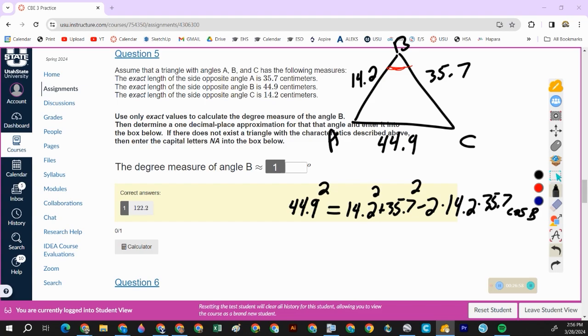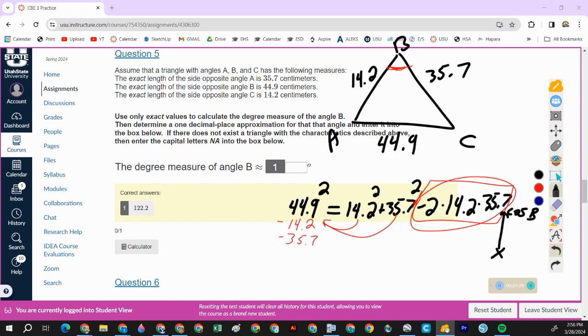Now, we need to solve for all of this. So I'm going to move this over using subtraction. And I'm going to move this over using subtraction. And then you have to be careful because it looks like you can move this using addition. But we have to follow the order of operations, which says we need to chunk all of this together, and then it is held to the cosine using multiplication.